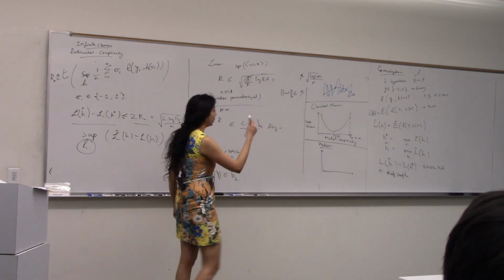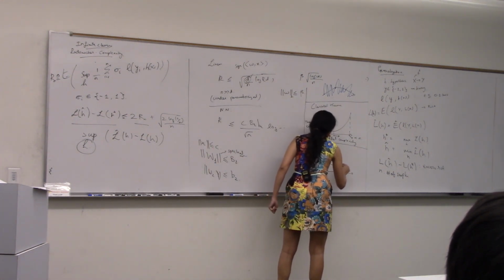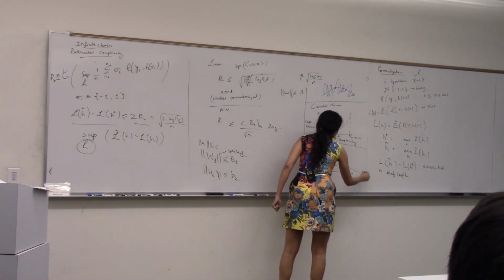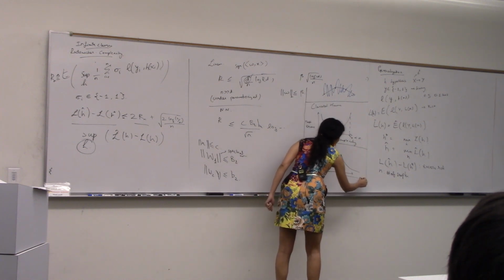But if you go to the over-parameterized regime, it turns out the test error can further keep decreasing. And so this is the over-parameterized regime.